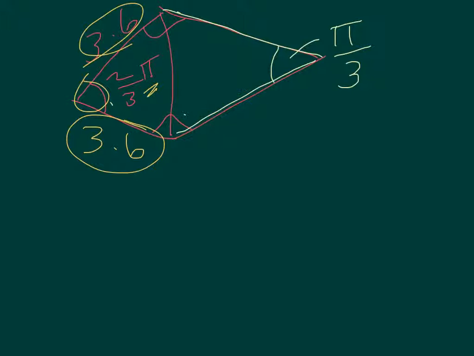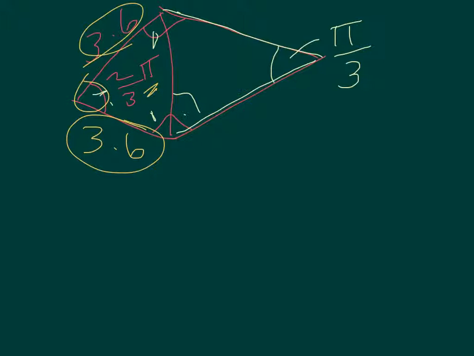So what we're going to do instead is have a look at this angle. Well, we know that this angle and this angle add to pi, and that the other two that I don't know must be equal.